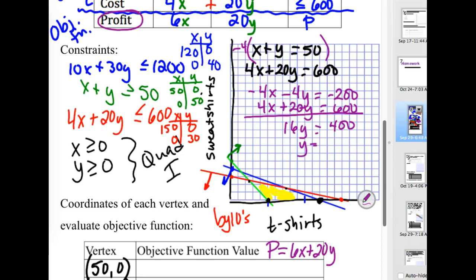Come on, guys, use your brain. 25, there we go. Okay, now plugging it back in. If y is 25, what do we have to add to it to get 50? Okay, so my ordered pair that I'm coming up with is 25, 25. Does that look realistic for my graph, knowing that we were going by tens? Is it crossing at about 25, 25? Yes.